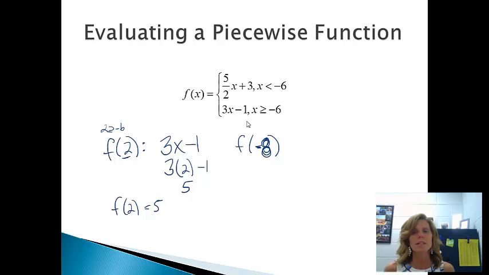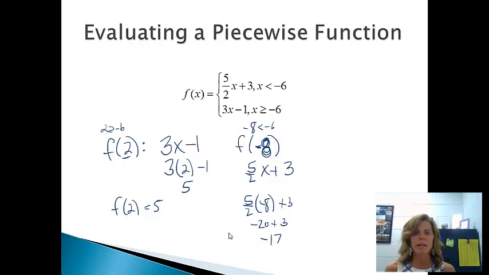In this case, -8 is less than -6, so we're going to use the first piece. So the function we'll be referring to is 5/2 x plus 3. So then we can just plug in -8. So 5/2 times -8 plus 3. And then 5/2 times -8 is -20, plus 3. My answer will be -17. So f of -8 will equal -17.